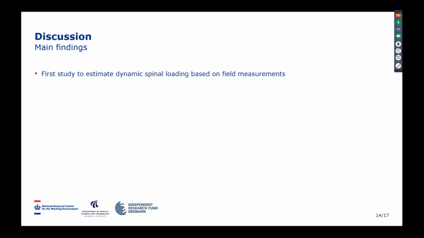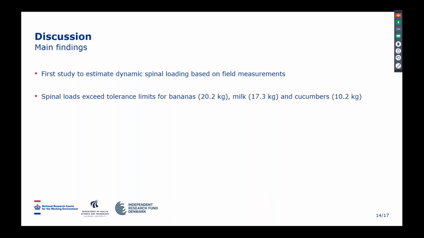This is still not perfect, which I will get back to in one of the next slides. But we've shown that it can be done, and we are quite excited about the potential of using this technology in ergonomics. Based on this study, we found that some merchandise, specifically bananas, milk, and cucumbers, exceeded the well-known tolerance limits in the literature and therefore could pose a risk for the development of low back pain and injury.